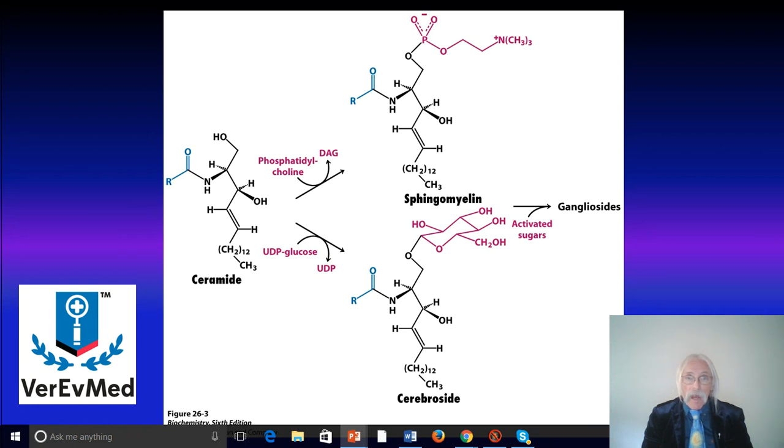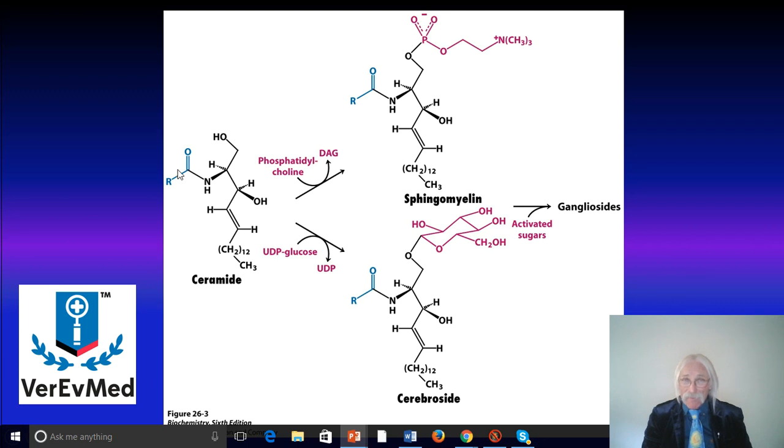But ceramide is made up of palmitate, so that's palmitic acid with an unusual trans bond in it, and L-serine. So it is a condensation product of L-serine and palmitic acid from de novo fatty acid synthesis or from the diet. Then there's your nitrogen-linked fatty acid there.